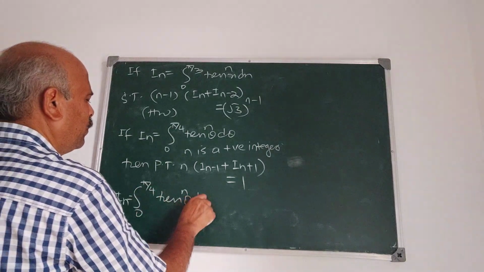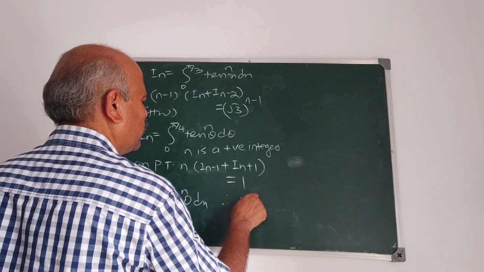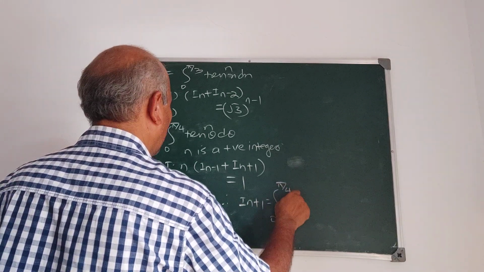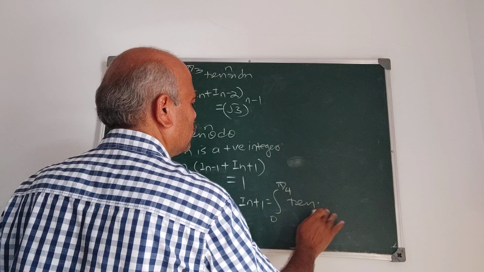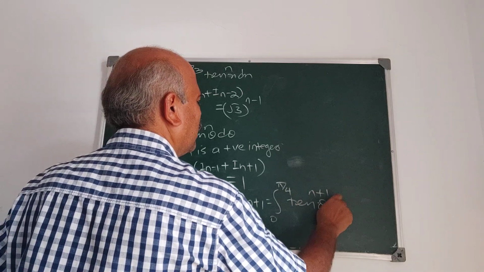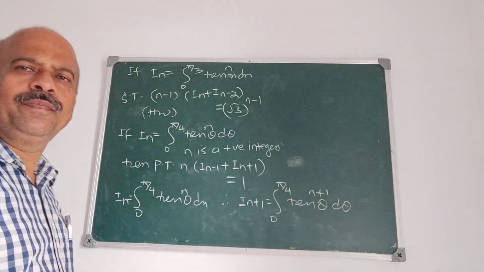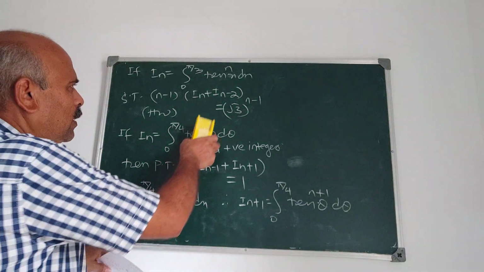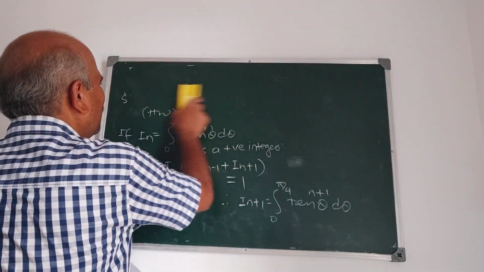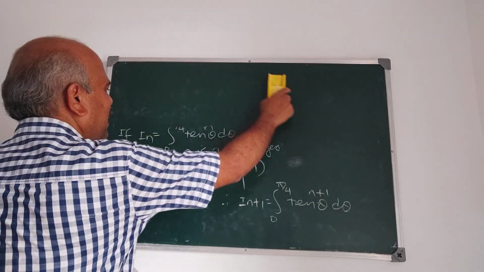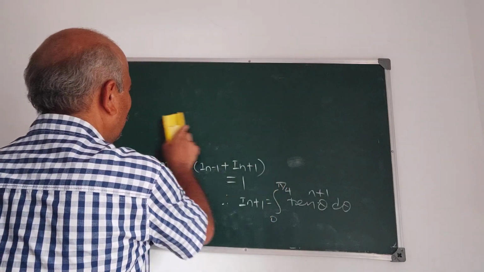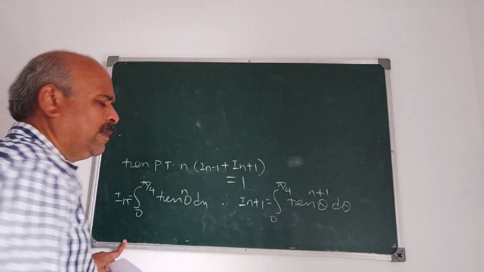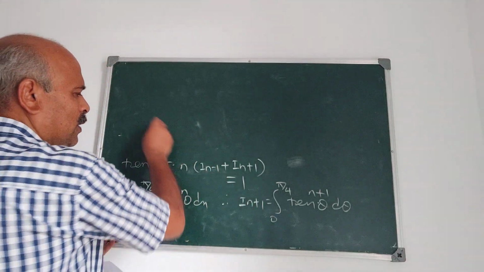It is given. Therefore you have to start with In plus 1, which is 0 to pi by 4 tan theta raised to n plus 1 with respect to theta. See, the first problem is different. There we connected In and In minus 2, but here we connect In and In plus 1. So I will start with In plus 1.